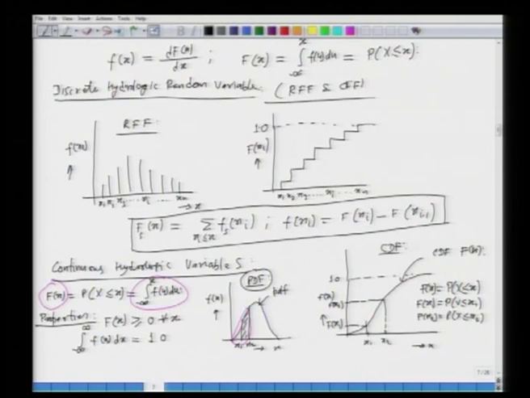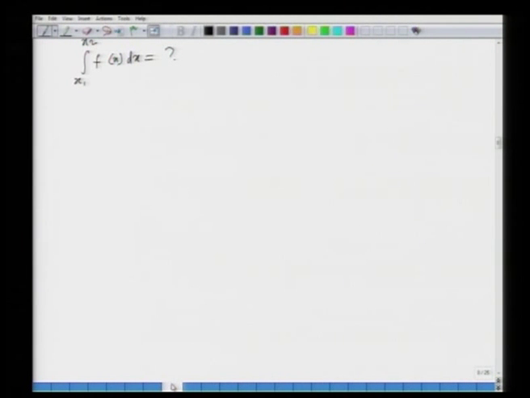If I take the area under the curve, which is the shaded area, this represents the integral from x1 to x2 of f of x dx, right? That is what I have written on the next page. And this is nothing but the probability of occurrence of your random variable in the range x1 to x2.